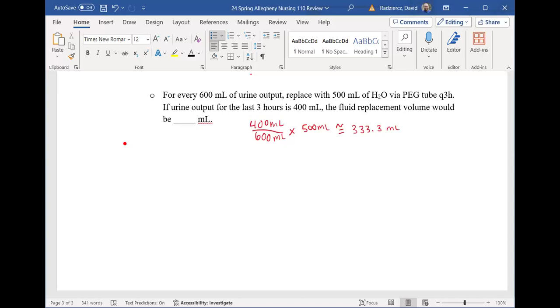Now, I have a feeling that when you actually get this question on your test, it won't have a big, weird decimal at the end. It'll probably just be a very solid, finite answer. At least that's what I've seen on previous tests. So that would be my expectation moving forward. But that's what this will look like.